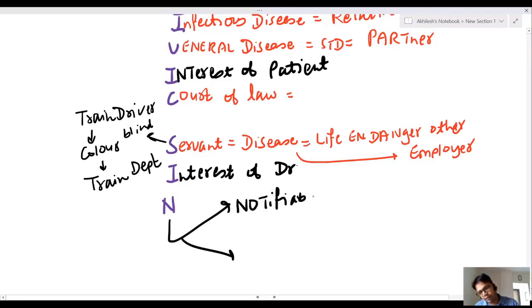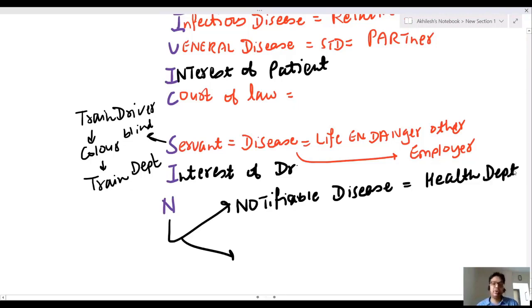Now, sir, the last two. Notifiable disease. Sir, there are certain diseases in India which have to be notified to the health department, like HIV, like cholera, like plague.